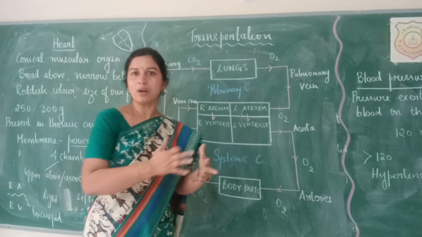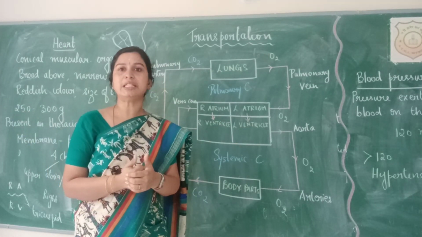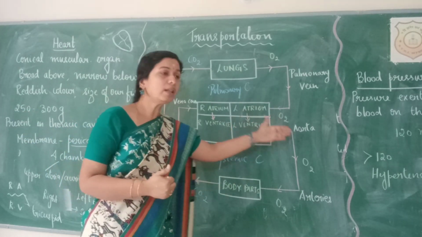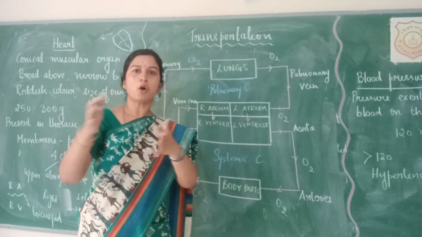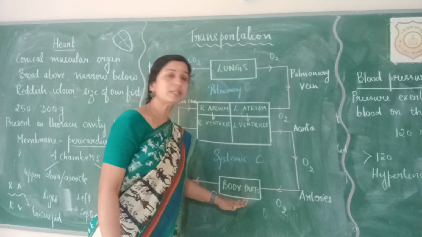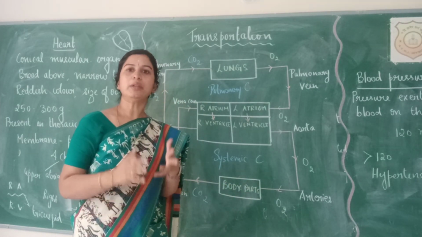This aorta cannot go to all the organs by itself. No, so it will split into several small arteries, and all these arteries will carry oxygenated blood to different body parts. When it reaches the body parts, we now know that the arteries will break up into capillaries.